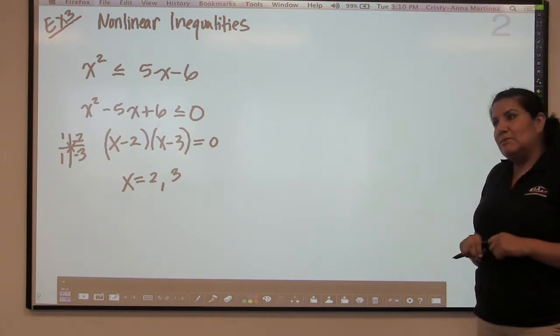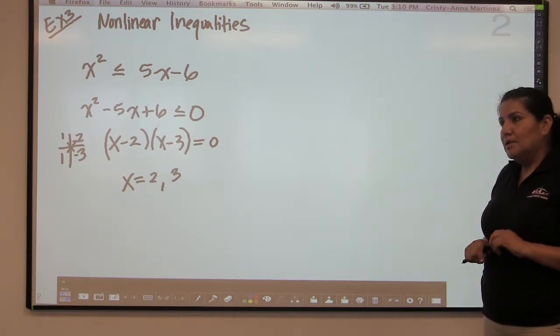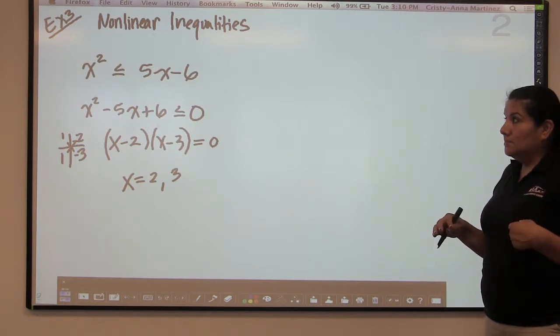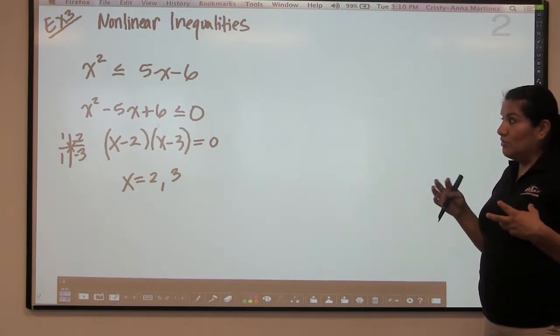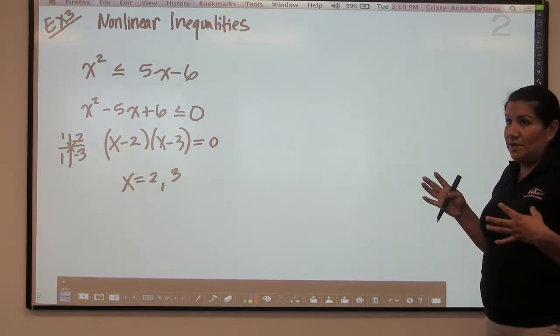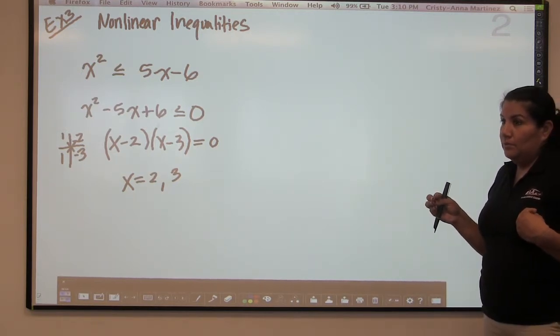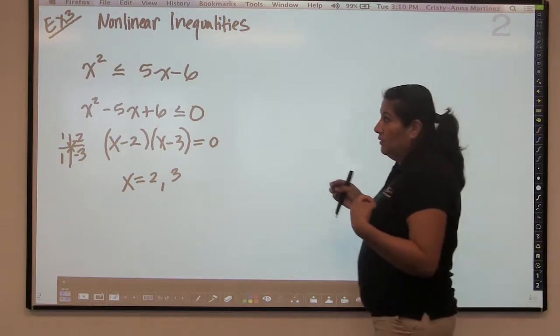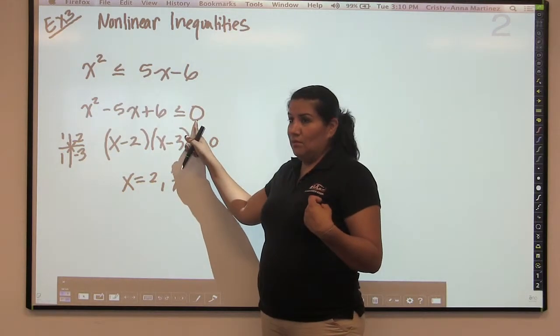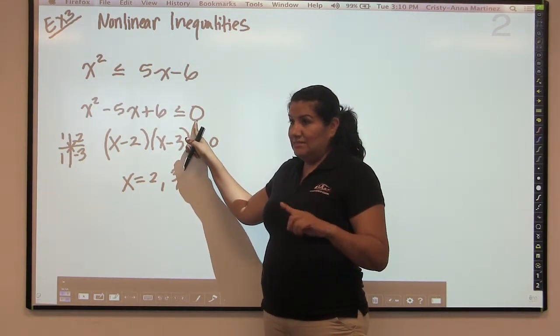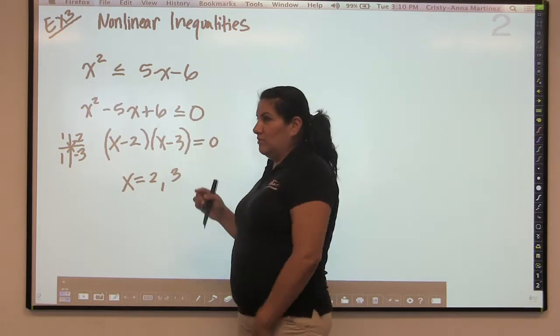But is that what they're asking me? No. Are they saying that the 2 and 3 are when it's equal to 0? Is that what they want me to know? What do they want to know? They want me to know when it's less than 0. Less than. Not equal to 0. When is it less than 0? So here's problem number 1.